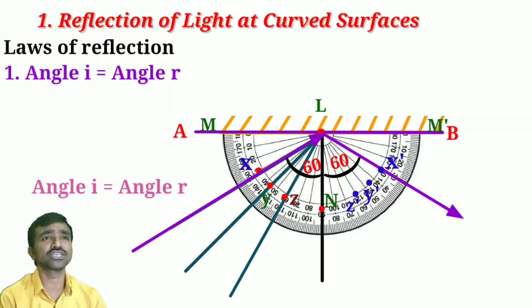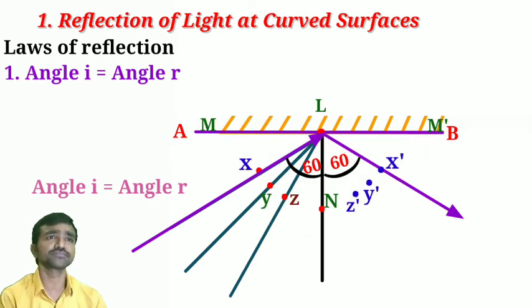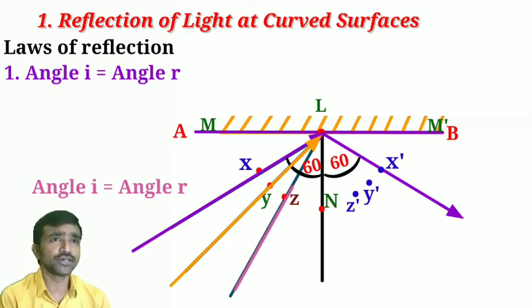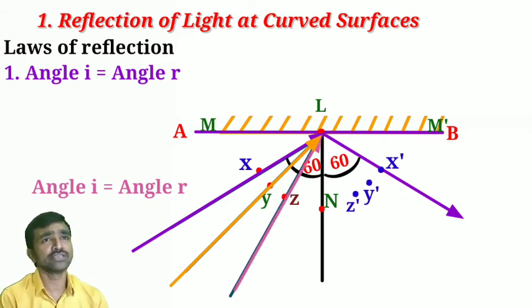So the angle of incidence here is 60 degrees. On the right side the reflected ray is observed as LX dash. That also makes an angle with the line LN or NL of 60 degrees. From this we can realize that angle of incidence is equal to angle of reflection. Similarly, continue the process along the paths YL, ZL as well as NL.